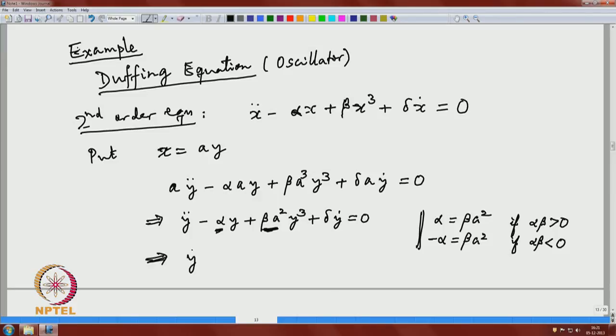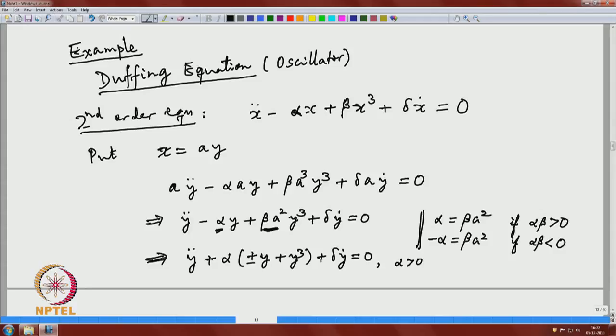So, y double dot I put here plus alpha. Now, I put plus or minus y plus y cube. Okay, and alpha I take to be positive. So, I put plus or minus. Okay.